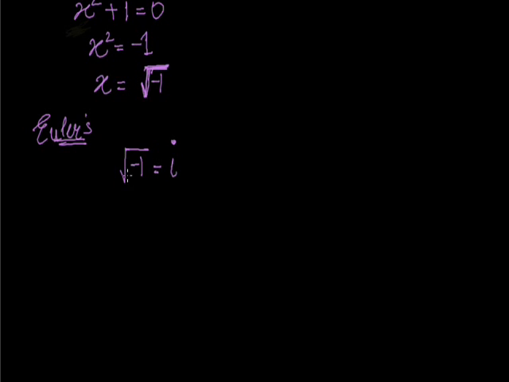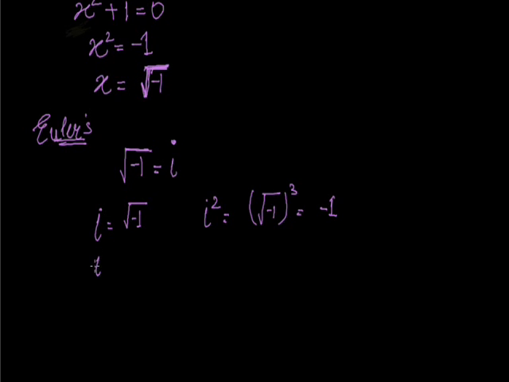This is the imaginary unit. In this way we get iota is equal to under root of minus 1, and iota square is equal to under root of minus 1 whole square. So iota square is equal to minus 1.